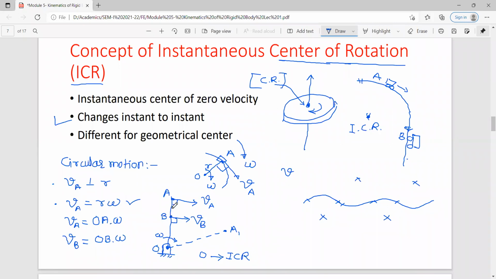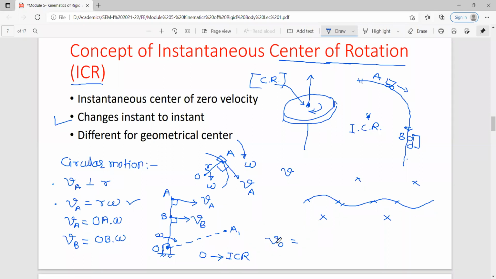Okay. Now, interestingly, we will calculate the velocity of the ICR itself. So our ICR is point O. Let us say I want to find out the velocity of point O, which is the ICR, the instantaneous center of rotation.